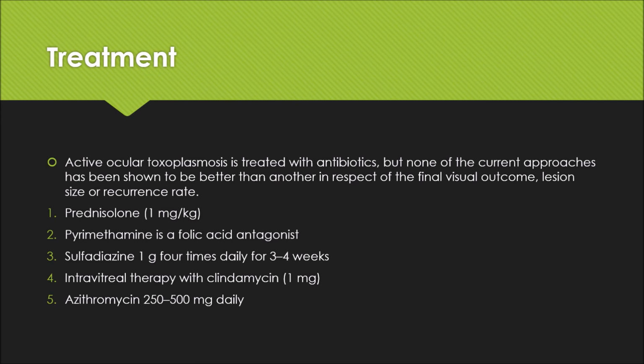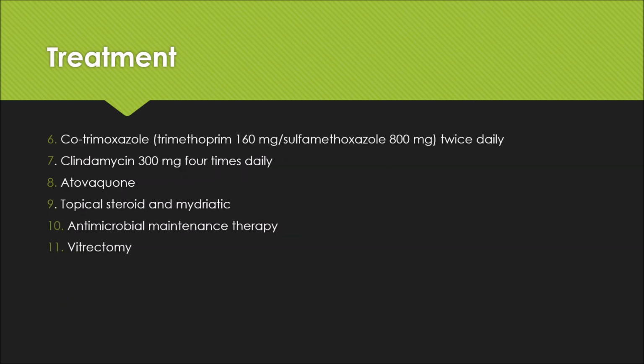Topical steroids and mydriatic agents may be given for anterior uveitis. Antimicrobial maintenance therapy is used in immunocompromised patients. Vitrectomy may be performed in selected cases, as I have already discussed all of these scenarios.